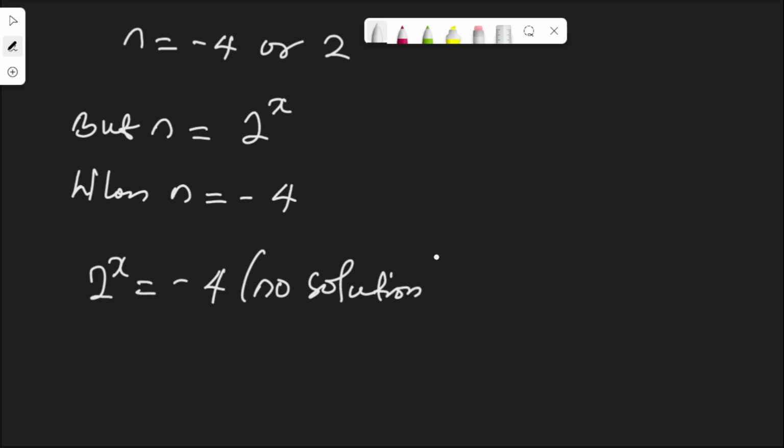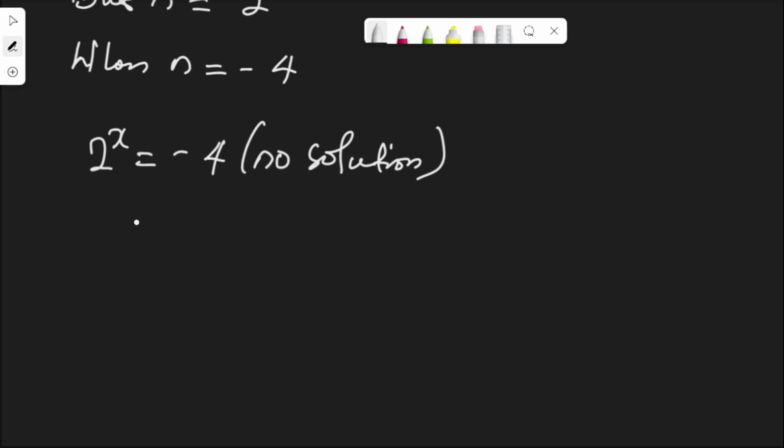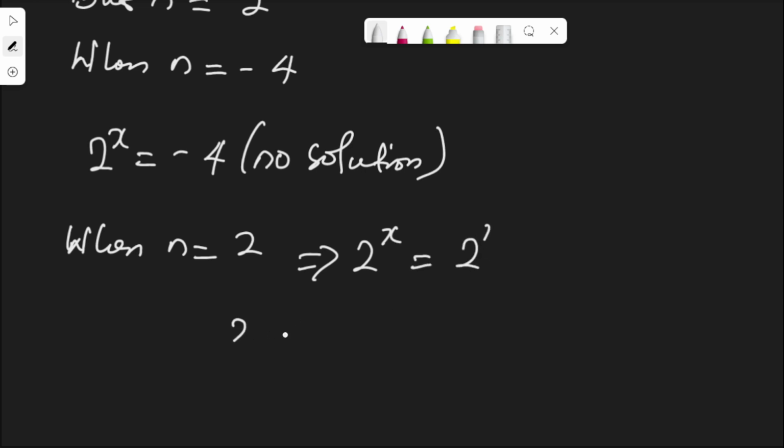A positive number and a negative number cannot be equal, hence there is no solution. What about when n is equal to 2? This implies 2 to the power of x is 2 to the power of 1. Hence, x equal to 1 is the only solution.